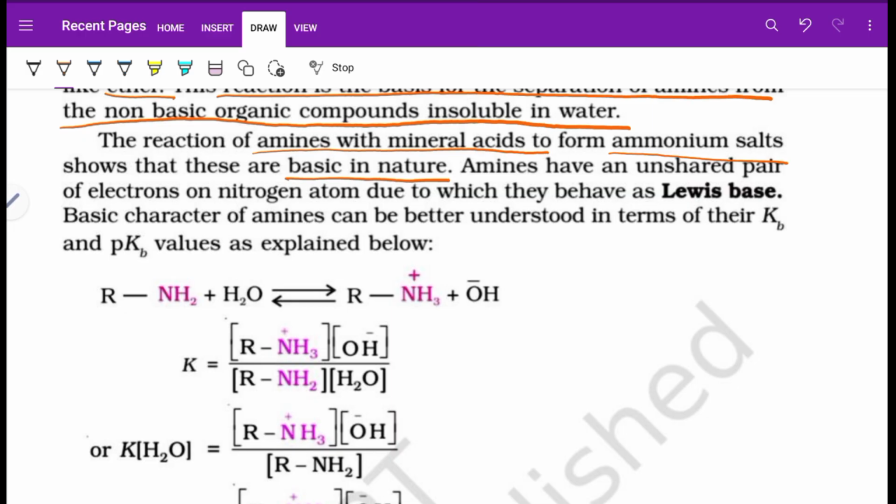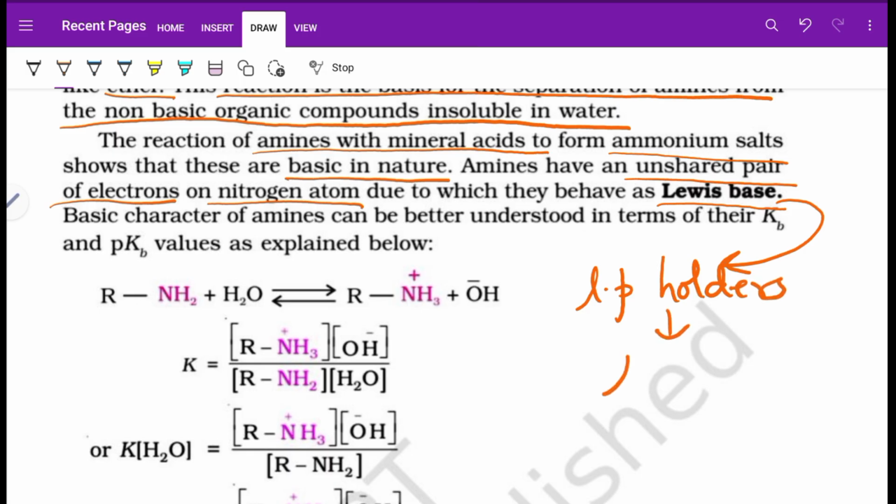On account of the presence of a lone pair or unshared pair of electrons over the nitrogen atom, for which it was acting as a Lewis base. Lewis bases are lone pair holders, or rather we can say lone pair donors are Lewis bases.